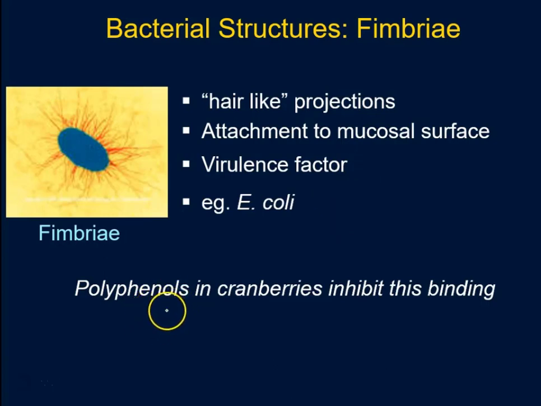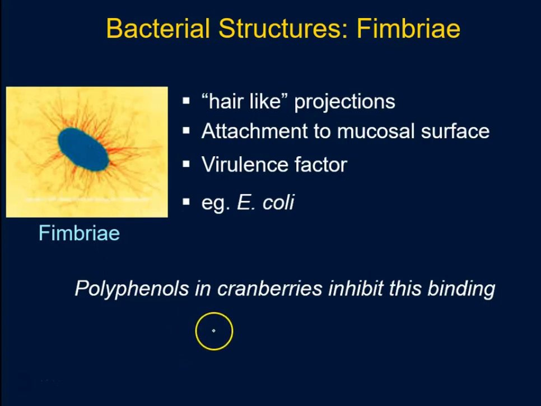Now, everybody knows about cranberry juice and how you should drink cranberry juice if you have a UTI, or urinary tract infection. And sometimes you think that's because cranberry juice is acidic, and so if you drink acidic juice, that will help get rid of that bacteria.